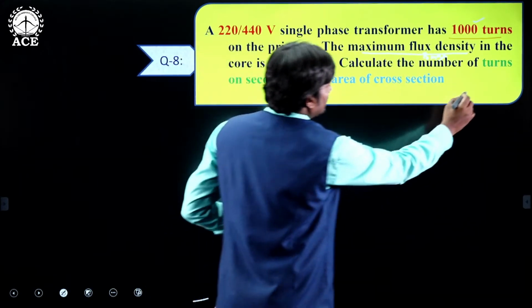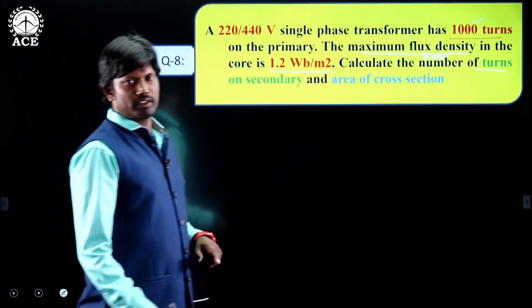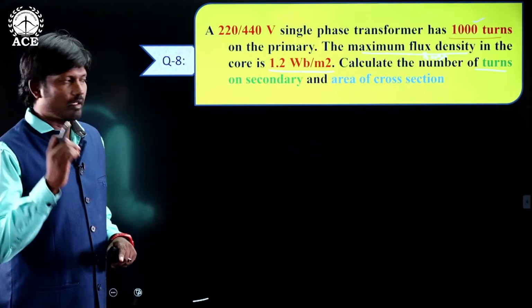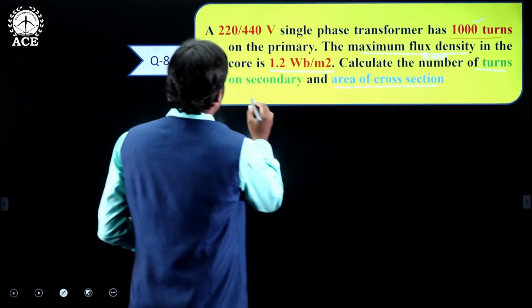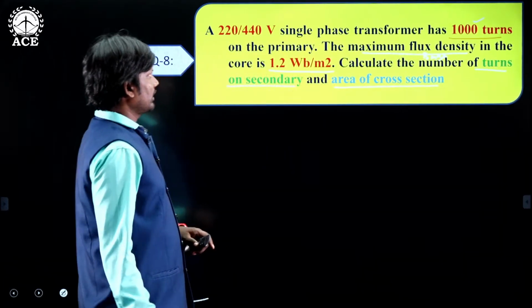Calculate the number of turns on the secondary, and the area of cross section.